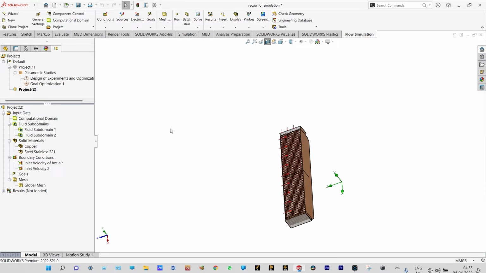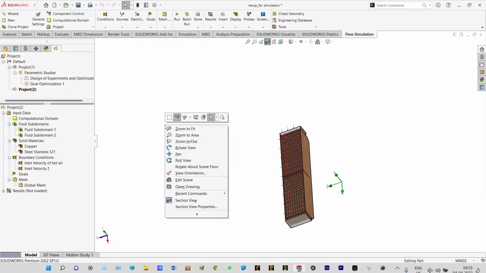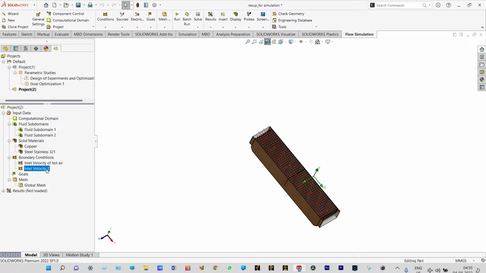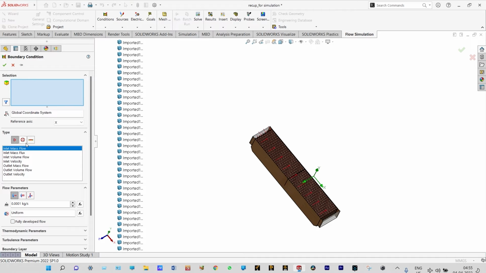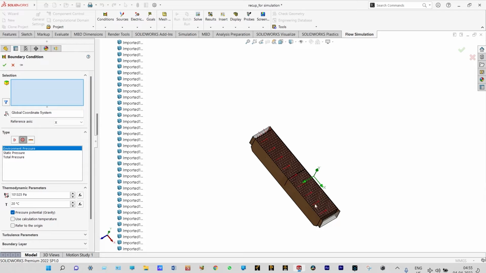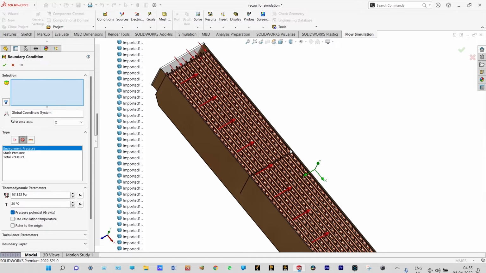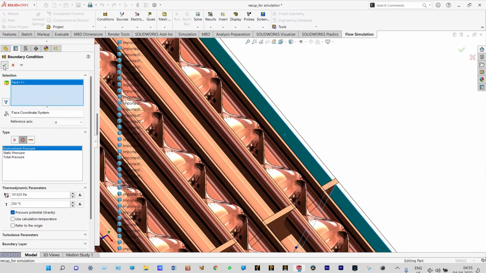Two more boundary conditions are needed. That means it will be atmospheric pressure at the exit locations. Let us rotate the model a little bit. We can rename this one as inlet velocity of cold water. Two more boundary conditions are needed. Insert boundary condition. It will be atmospheric pressure at the exit locations. We can select this one. This is the exit of hot air. Green check.